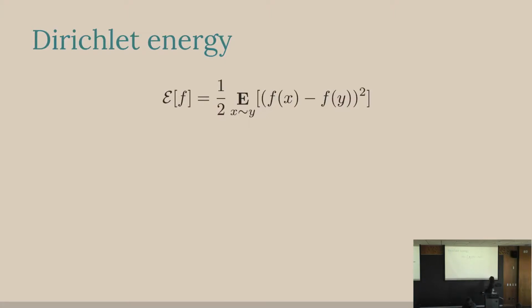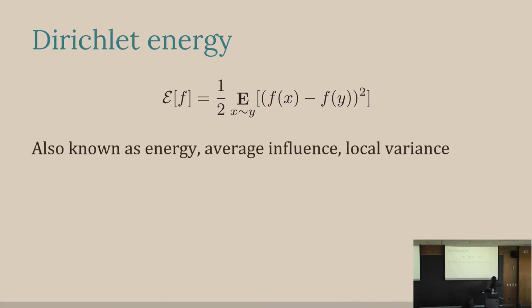So we look at some other measures of distance, one of which is this thing called the Dirichlet energy, which is also sometimes known as just energy or the average influence or the local variance. I think the local variance is an interesting name because the L2 norm is the variance, so the energy is a local version of the L2 norm, because it's the L2 norm that samples from the edges on the Boolean cube, right?